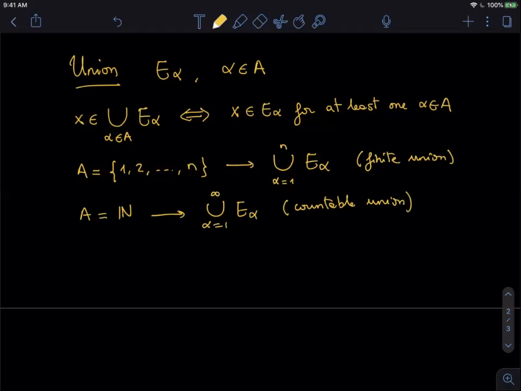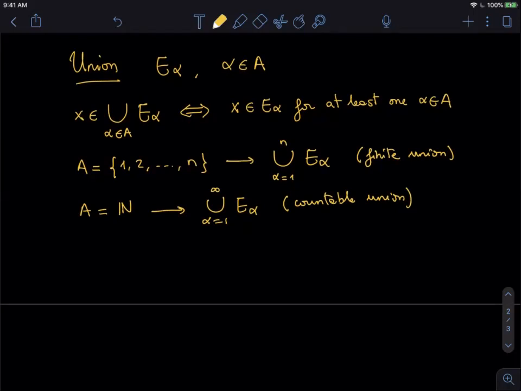Now, the same way we have defined the union, we can define the intersection. So the intersection of the E alpha is defined as follows.